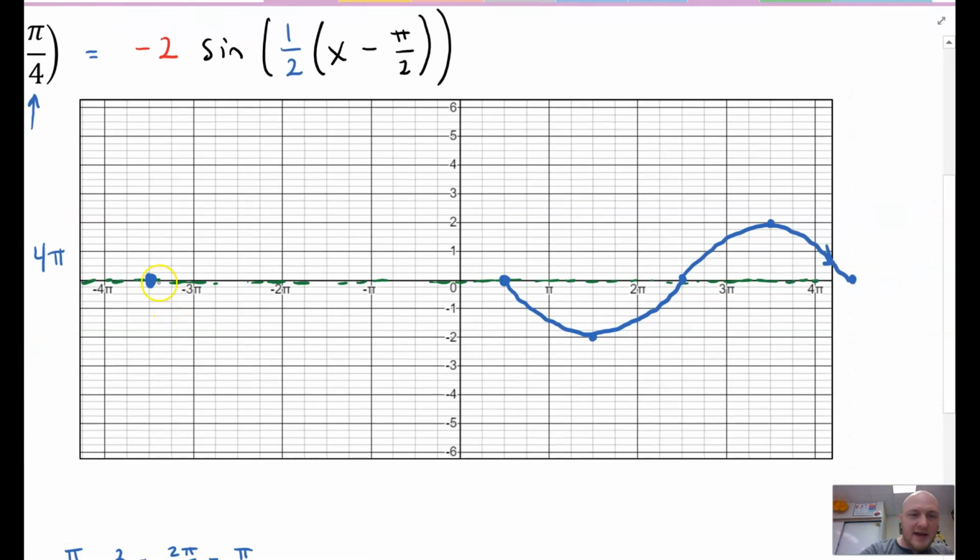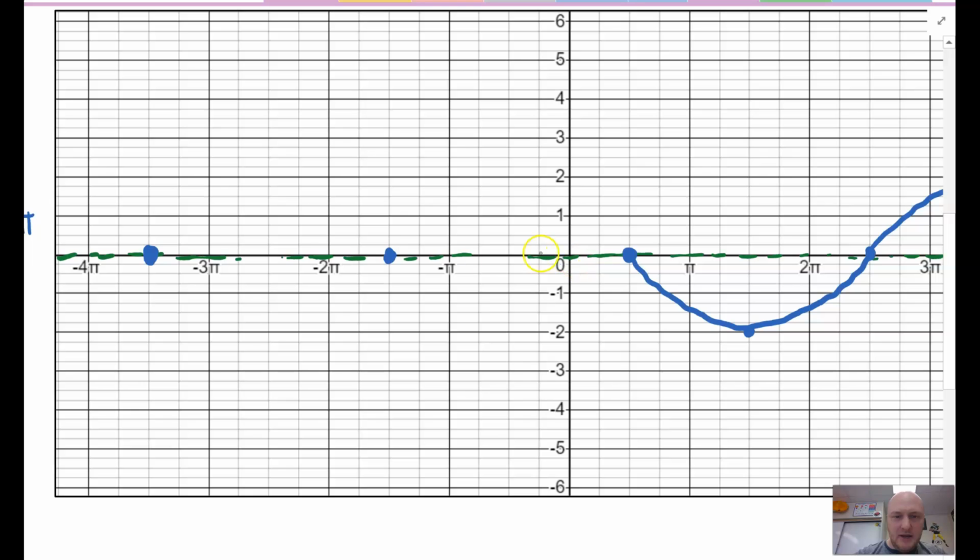And then I'll cut that in half. That's going to be my midline. And then in between that will be my maximum. I think I got this figured out. And then down here will be my minimum.